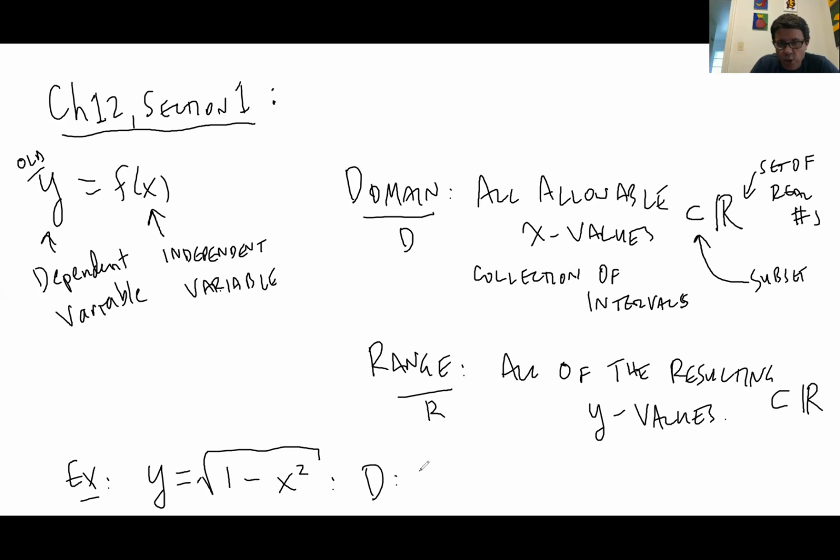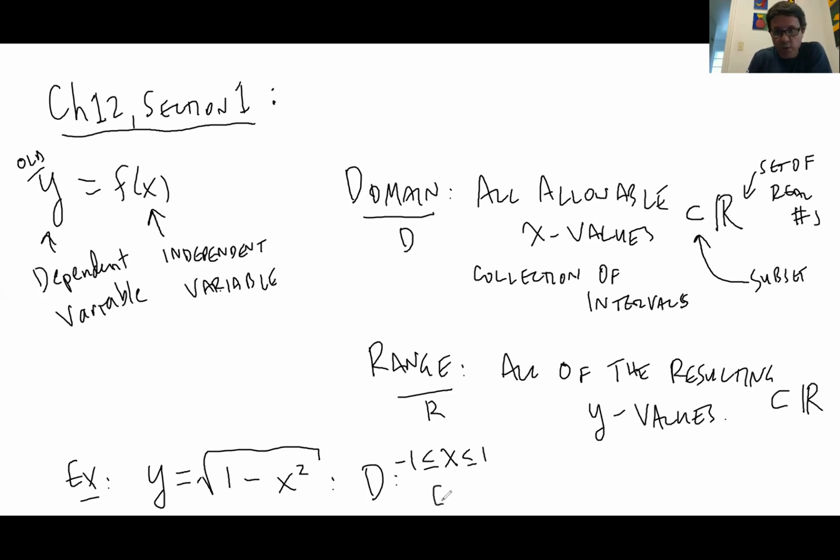So for the domain, you could say that x has to be between -1 and 1. You can write it in inequality notation like that. I know it's kind of funny that you have two of these less than or equal signs, but you just read left to right: everything where x is greater than or equal to -1 and less than or equal to 1 simultaneously.